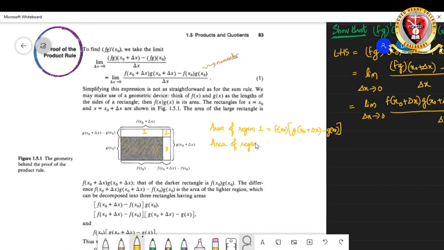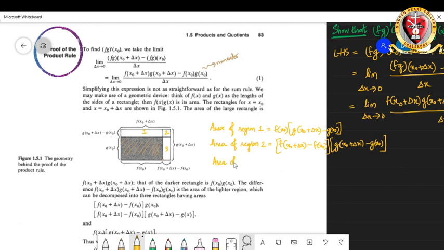And also area of region 2 is equal to f of x naught plus delta x minus f of x naught into g of x naught plus delta x minus g of x naught.